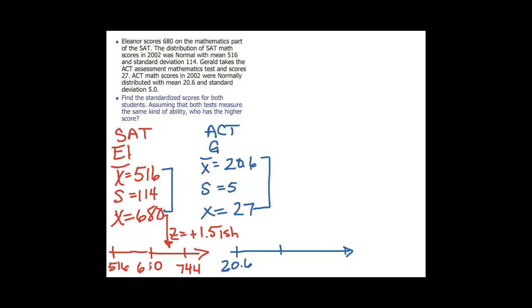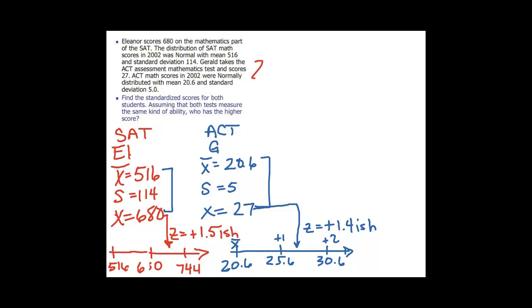Oh, and thank goodness for nice, easy numbers to add, 25.6 and 30.6 to get my standard deviations of z-score of +1 and +2. His score of a 27, somewhere around in here, and I'm going to estimate it's around a positive 1.4-ish, but they're so close that I don't feel comfortable just making a call based off of my estimates alone. So I want to actually do the math.